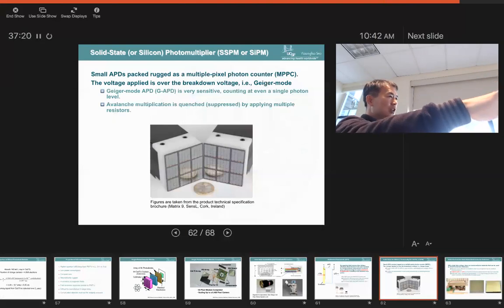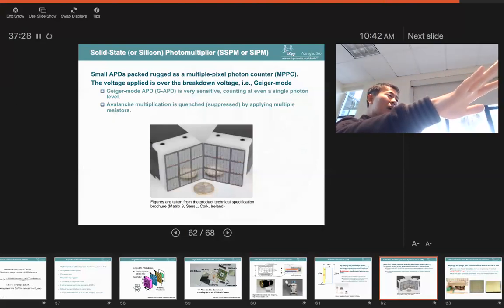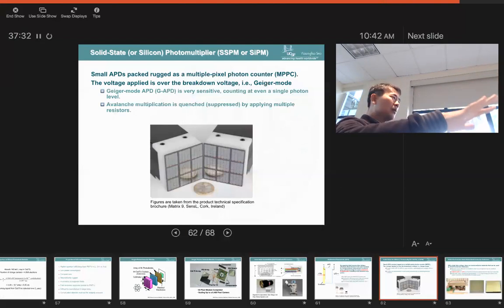It's actually, again, a Geiger mode APD. Now you understand why people say Geiger mode APD. This is a bunch of APDs, mini cells of APDs, operating at Geiger mode voltage. But now it's a photomultiplier because we are multiplying the photons by this Geiger mode sparking, a lot of them there. It also has this pixelized fashion of rugged construction.